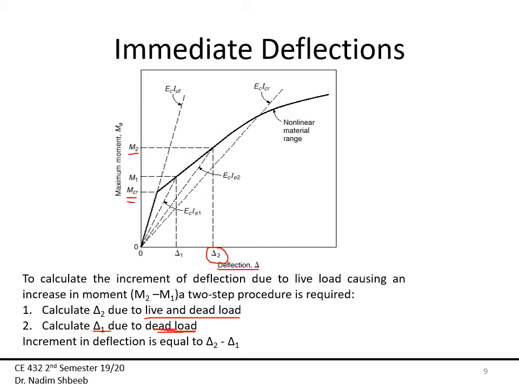The deflection due to the live load is simply delta 2 minus delta 1, and that's due to the nature of the nonlinearity of the material, and also the equation of the effective moment of inertia, as you noticed on the slide before. I will show you an example as to how to do that.